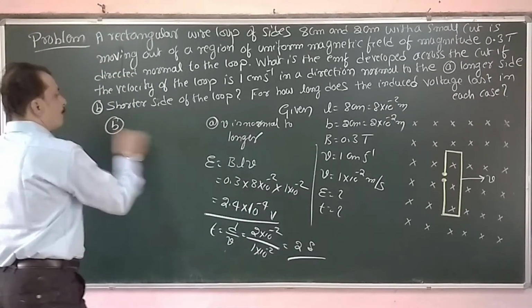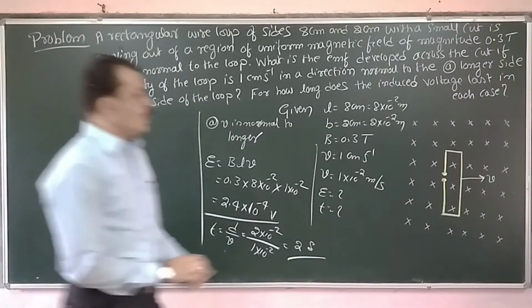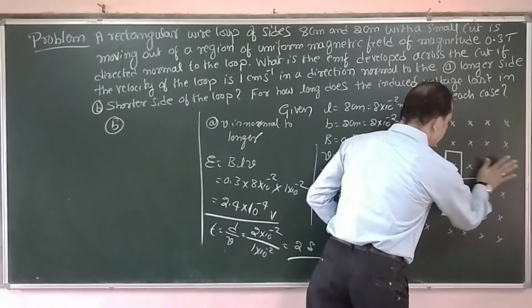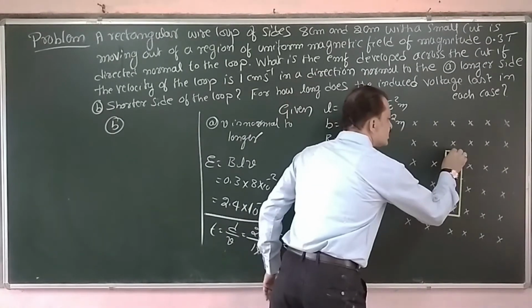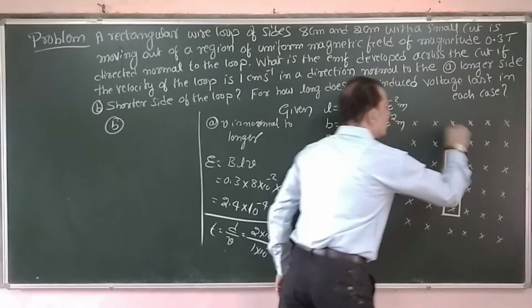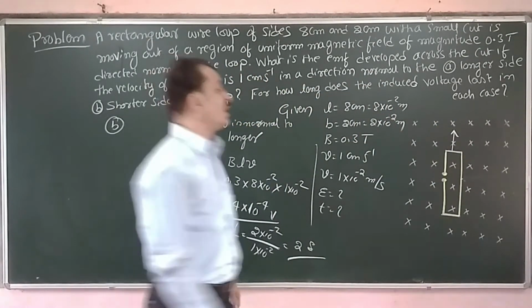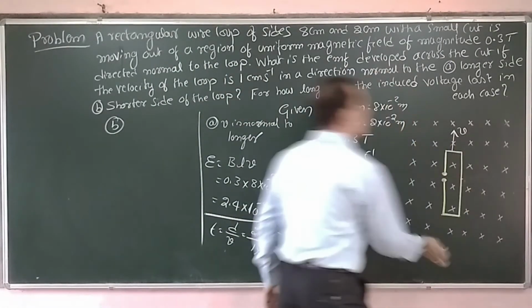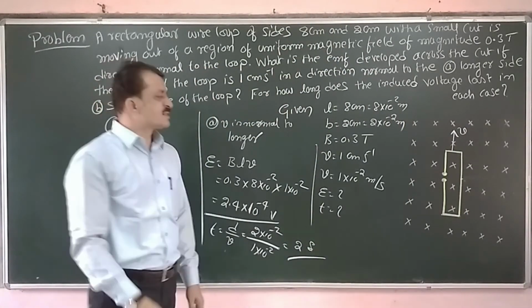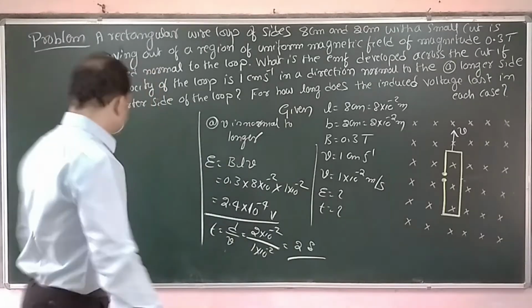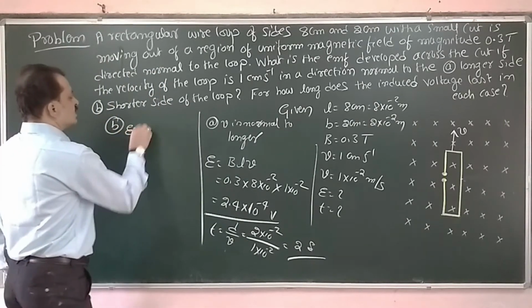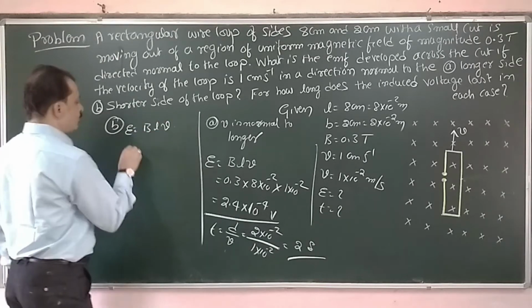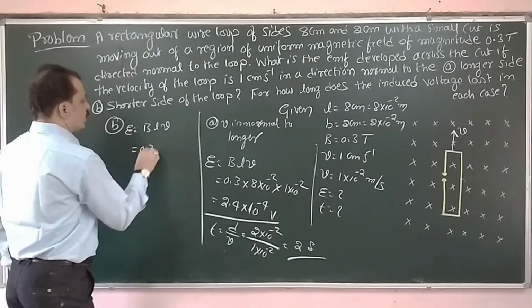Similarly, case B. Now look at the diagram. Now this rectangular loop is taken away along the shorter side. So therefore, the EMF is B into L into V. So B is 0.3.